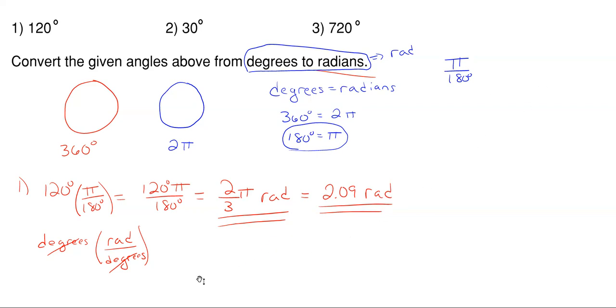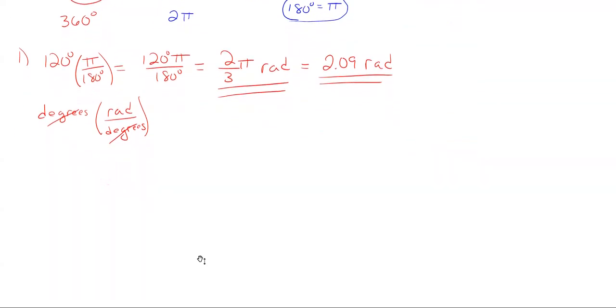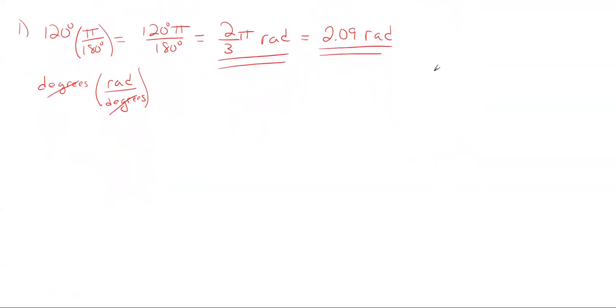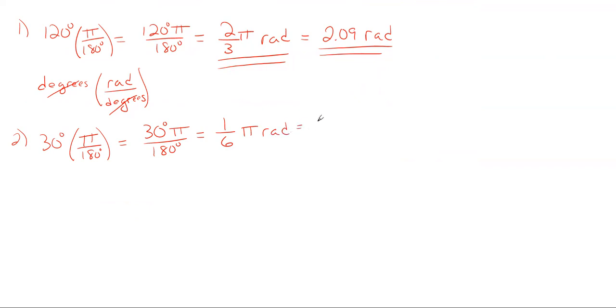All right, so let's move on to the second one, which is 30 degrees. Give ourselves a little bit more room here. So 30 degrees, and once again, we're just going to multiply by pi over 180 degrees to turn it into radian form. So we have 30 degrees times pi over 180 degrees, which 30 divided by 180 gives us 1/6 times pi, which is now in radian form, or you could write it as pi over 6 radians.